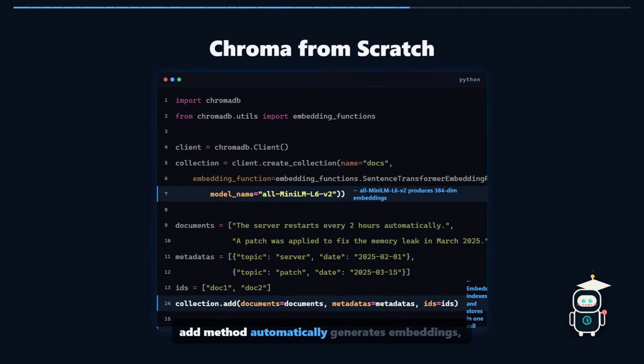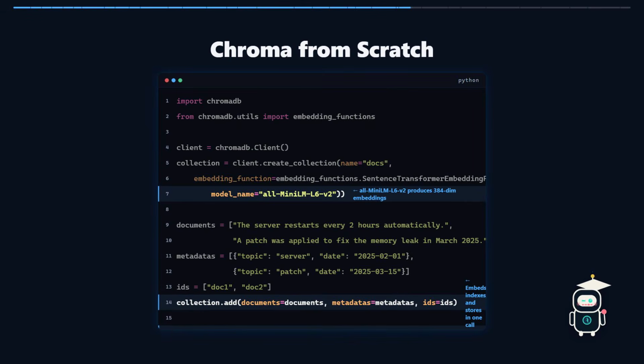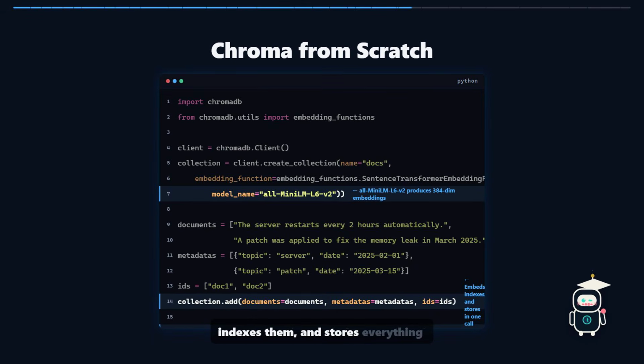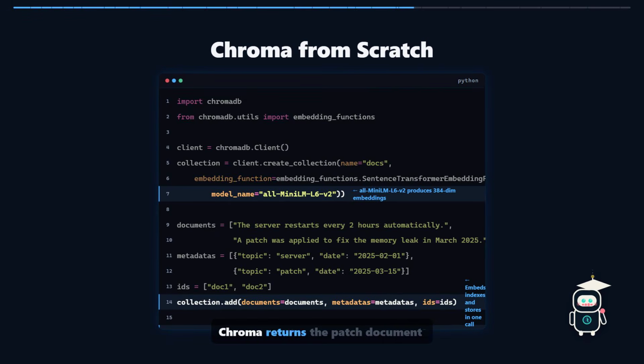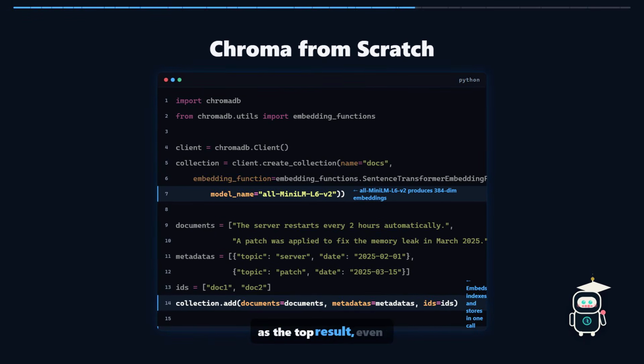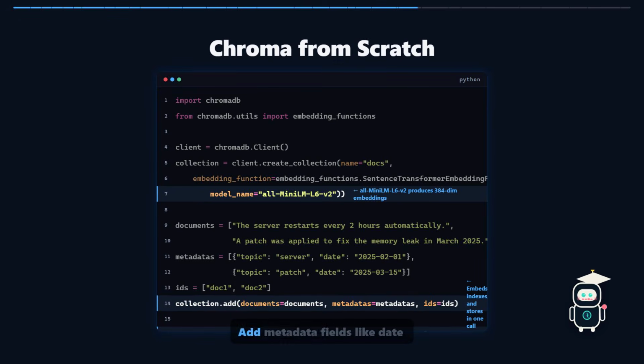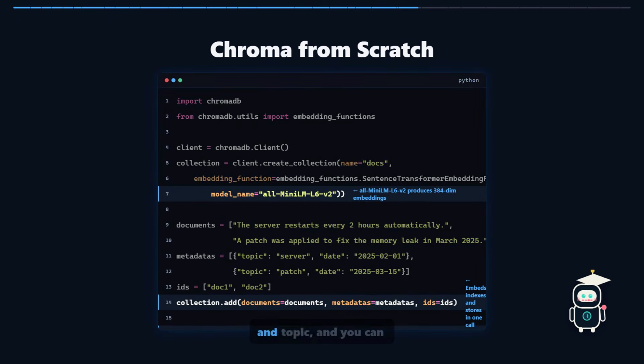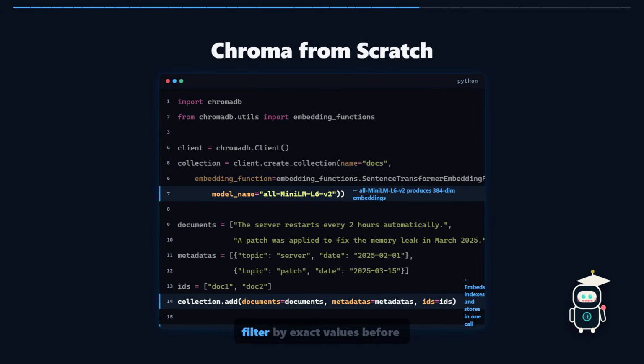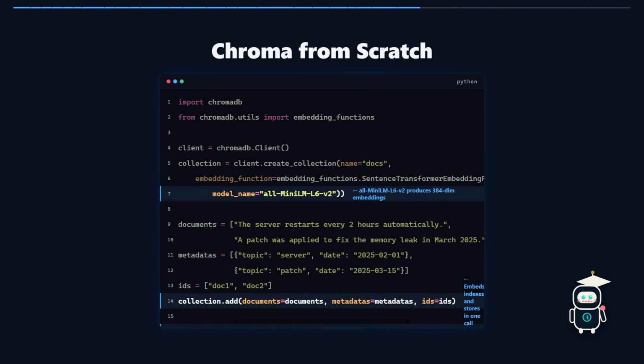The add method automatically generates embeddings, indexes them, and stores everything in one call. When we query for memory leak fix, Chroma returns the patch document as the top result, even though the word fix never appeared in the original text. Add metadata fields like date and topic, and you can filter by exact values before or after the semantic search.